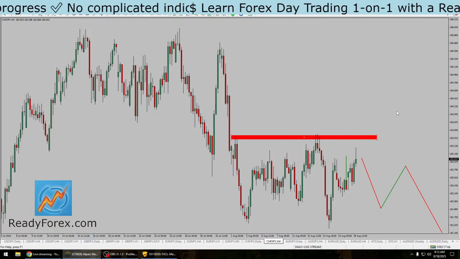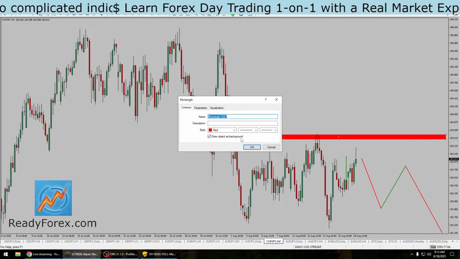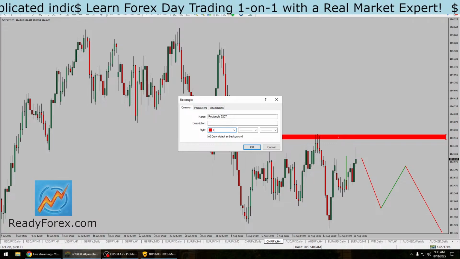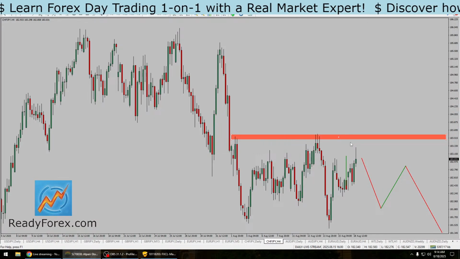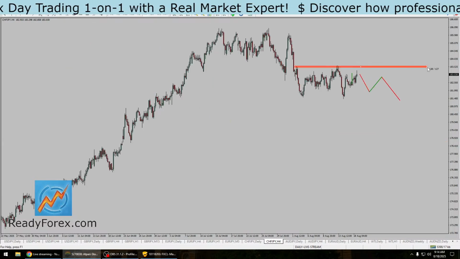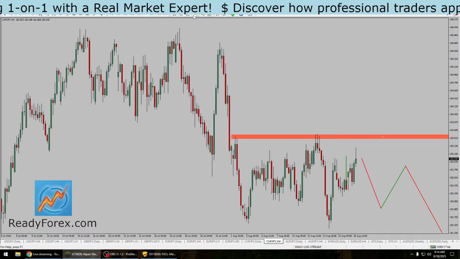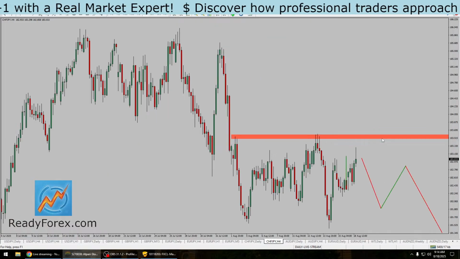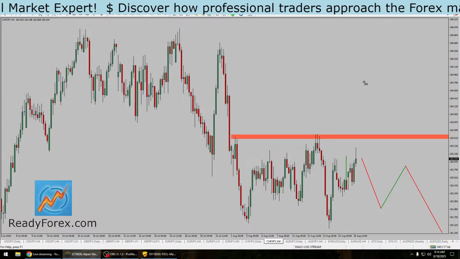So let me stretch this one over here. So this is the sell zone area. I would say as long as price action is staying below this sell zone, the trend is down, and I expect further weakness in price action of Swiss franc versus yen currency pair.